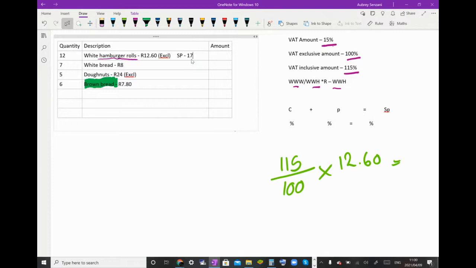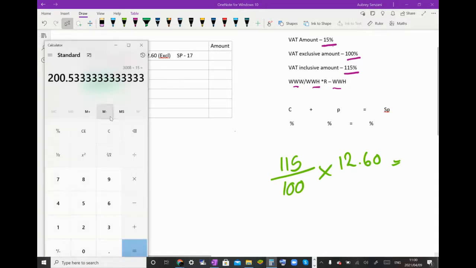Oh, per dozen. Yes. So what is the price? Let's quickly calculate it. I heard something there in the chat. I'm sure you're giving us the actual amount per roll.